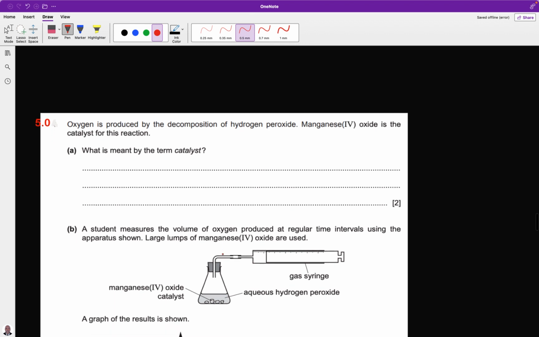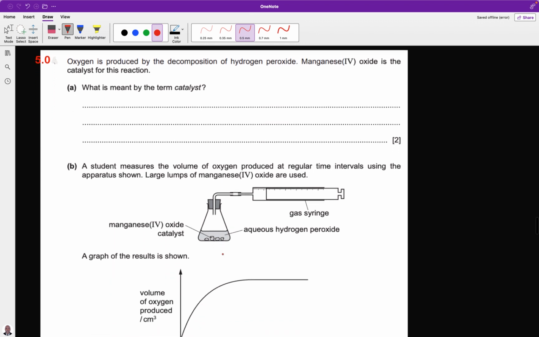Let's move to question number 5. Question number 5 has to do with chemical reactions. 5A. Oxygen is produced by the decomposition of hydrogen peroxide. Manganese 4 oxide is the catalyst for this reaction. What is meant by the term catalyst?